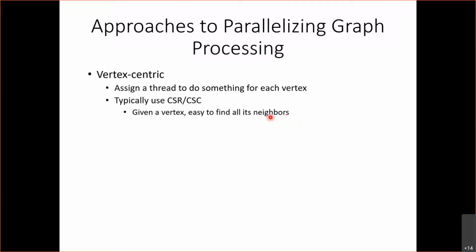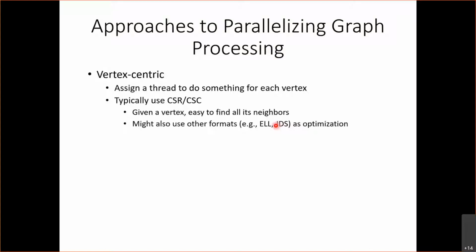And by the way, depending on the computation, we might also use ELL or JDS as optimizations. I'm not going to look at that today, just for simplicity. We're going to be just looking at COO and CSR, but just keep in mind that in some cases where you're using CSR, you might even be able to use ELL or JDS to further optimize your access pattern.